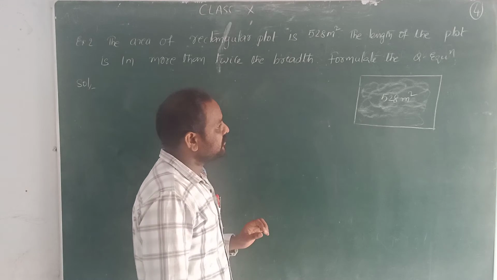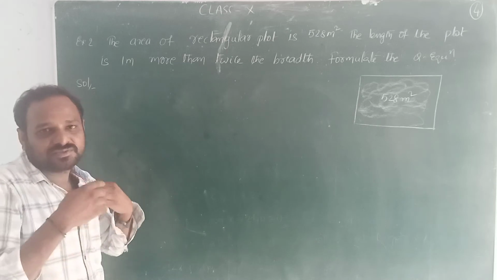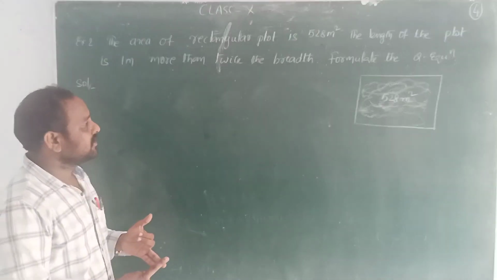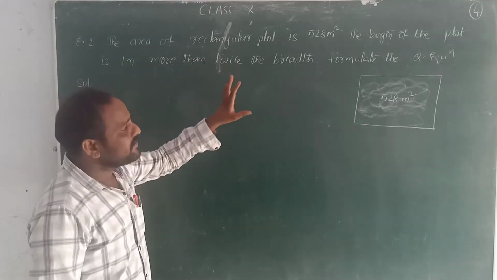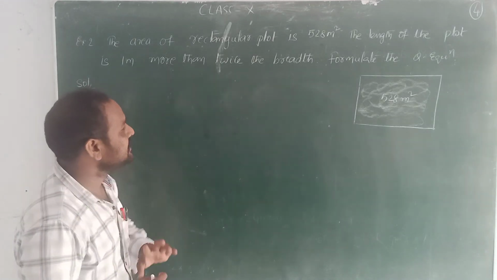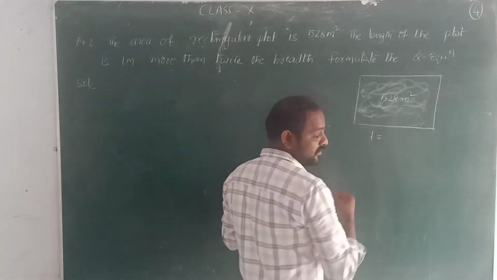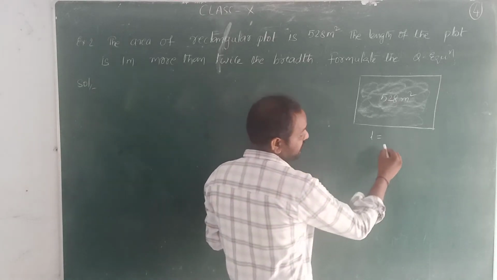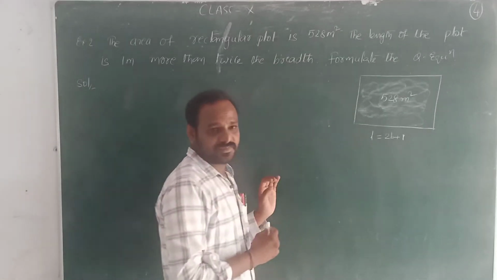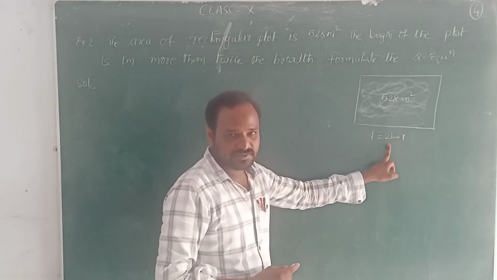So as per the question, what is given about the plot? The rectangular plot has two dimensions. What are those two dimensions? Length and breadth. In the problem, which dimension is given? Length is given, but breadth is not given. What is the length? 1 meter more than twice the breadth.